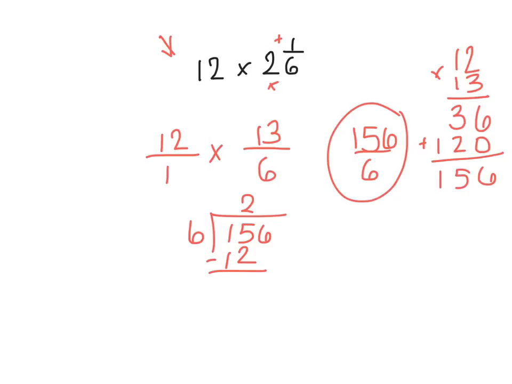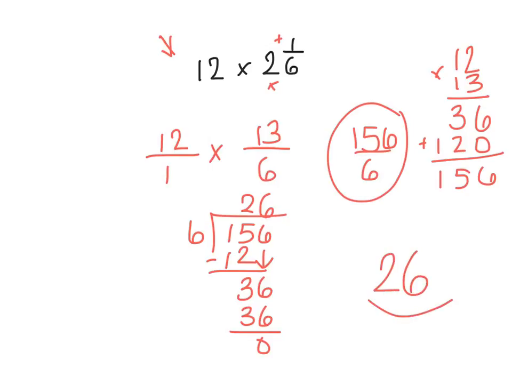Now I subtract. 15 minus 12 is 3, and I bring down my 6. 6 goes into 36, 6 times. 6 times 6 is 36, and my remainder is 0. That's awesome. That means it went in evenly, and my answer is 26.